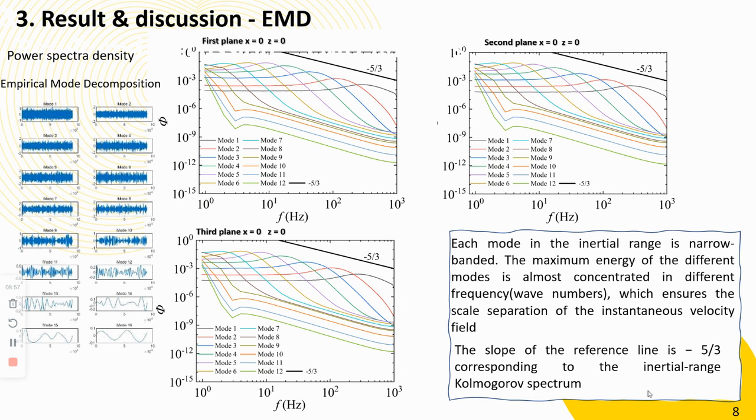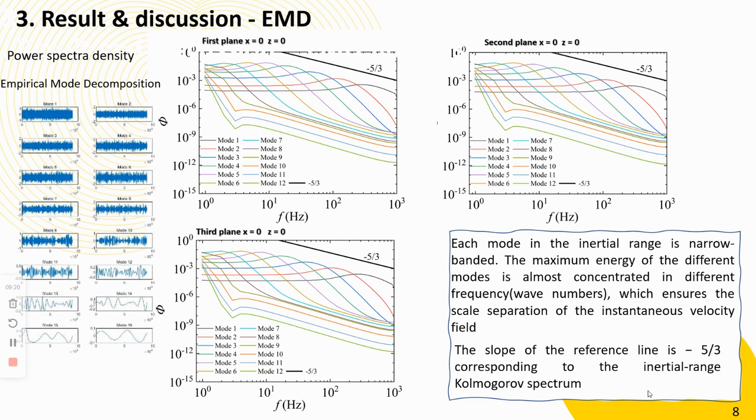And then it's about the EMD. From the empirical mode decomposition, we got several intrinsic mode functions and a residual. For each mode, we use FFT to get the characteristic frequency.